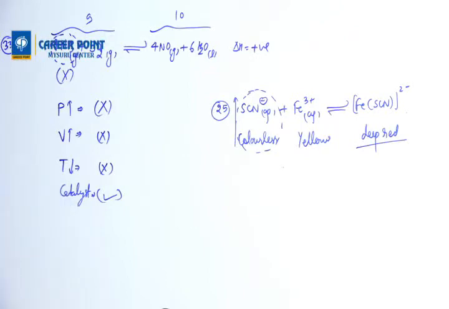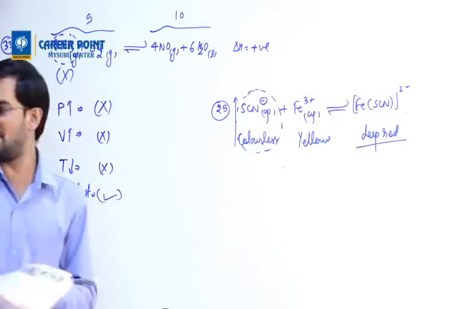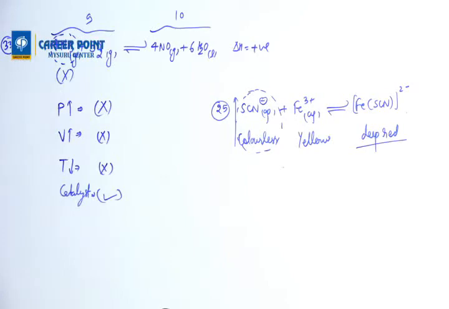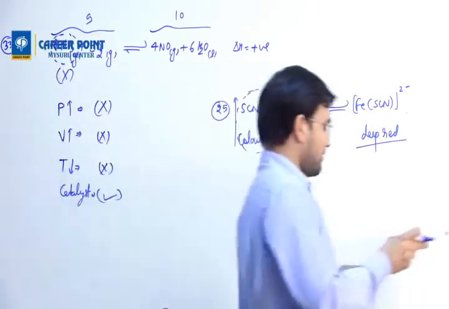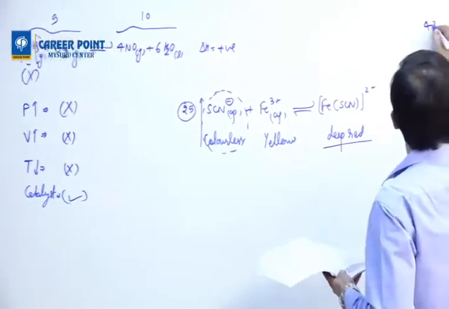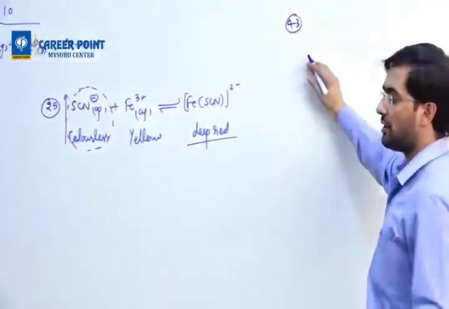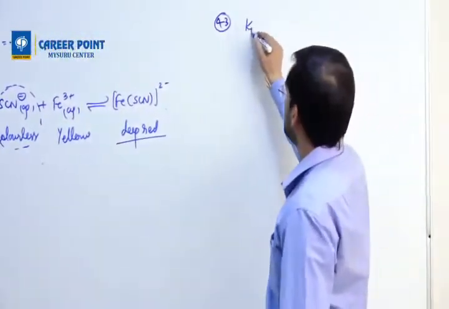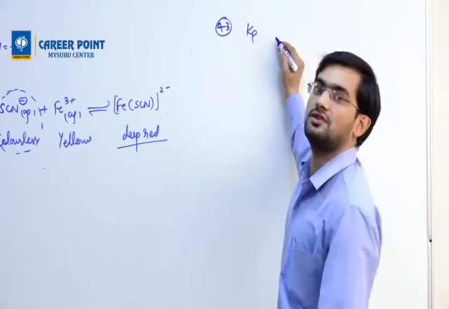Question number 43. In which of the following cases is Kp less than Kc? For this we can use one more concept. They are asking for a relation between Kp and Kc: which one is more, which one is less?